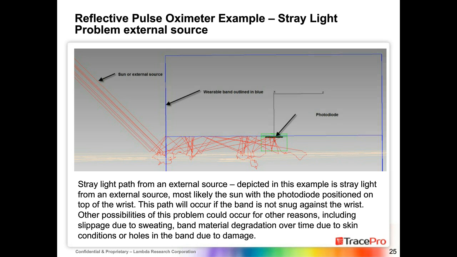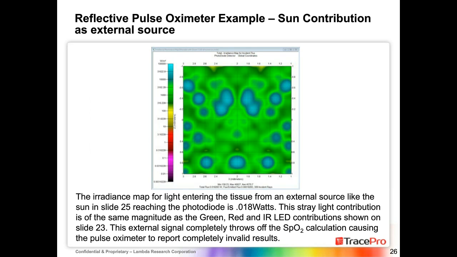So here's what's happening. If we take a look at that scenario and do a virtual simulation in TracePro, we see that the sun contribution, even though it's rattling between the skin and the wearable band many times, still reaches the photodiode. This is about an inch thick wearable band, is what I'm assuming here. We're going to get about 0.018 watts from the sun.